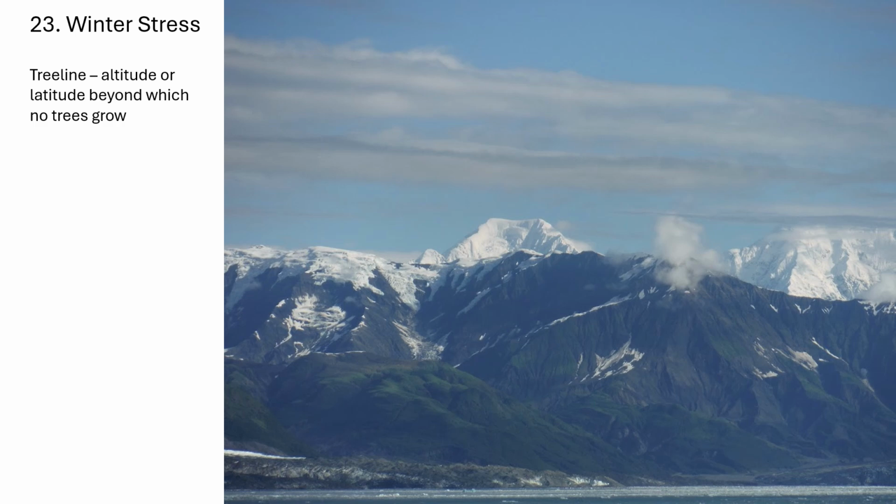So first, in this picture, we can see as you move up the mountains, you get to a point where there are no trees. And it's interesting, if you look at the ecosystems when you move up a mountain, they parallel those ecosystems that you see when you increase latitude.